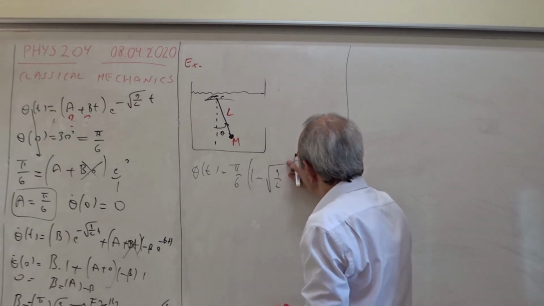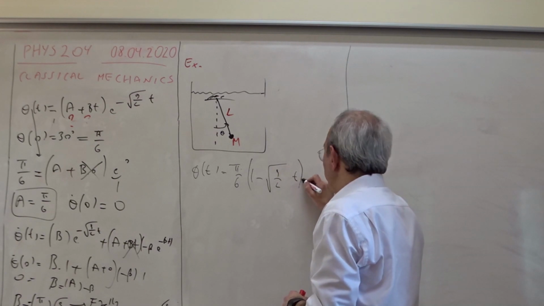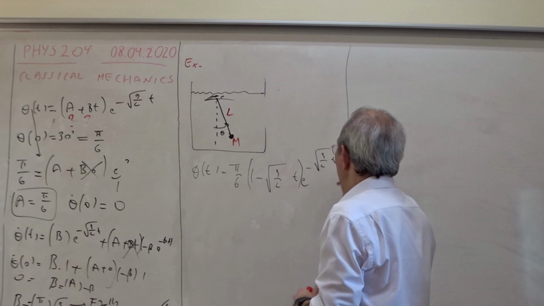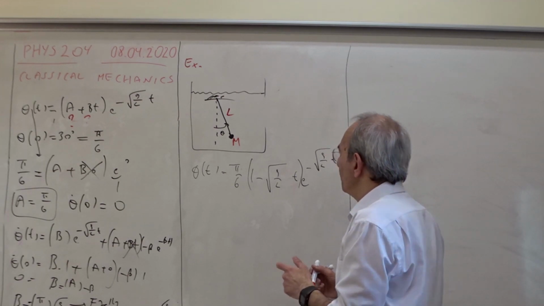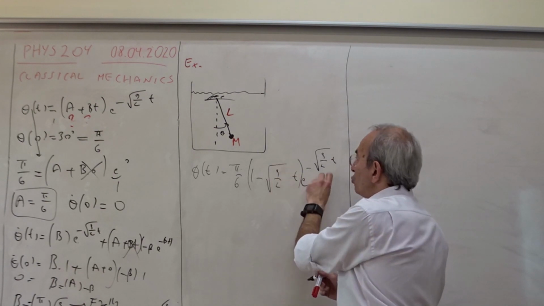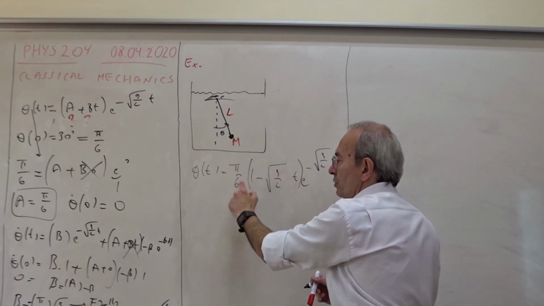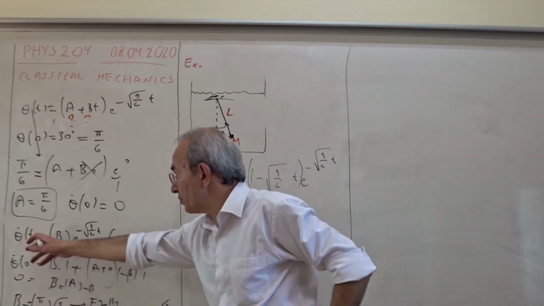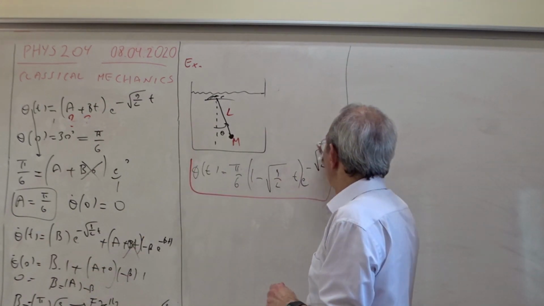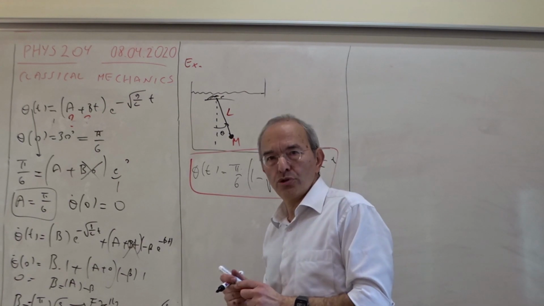T is outside the root. Multiplied by e to the minus root g over L. Outside we have a t. So at the beginning when time is 0, this term drops. This term is 1. So theta is pi over 6. When you take the derivative, as we did here, you get 0. So this is the formula for the position.